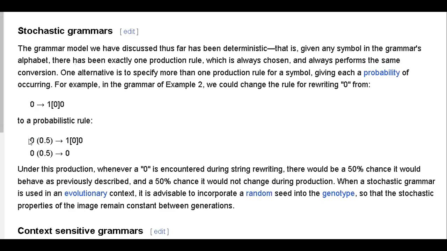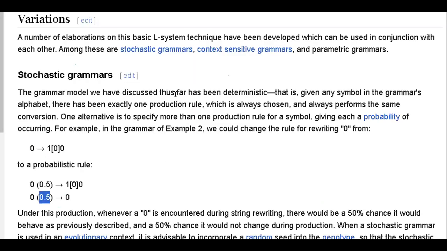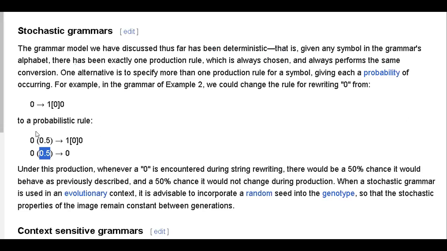So zero could be converted into this word with this probability or into itself with this probability. These kinds of L-systems are called stochastic systems, where we have a probability. In the earlier case, there is no probability: when you encounter this symbol, it is definitely converted to this.